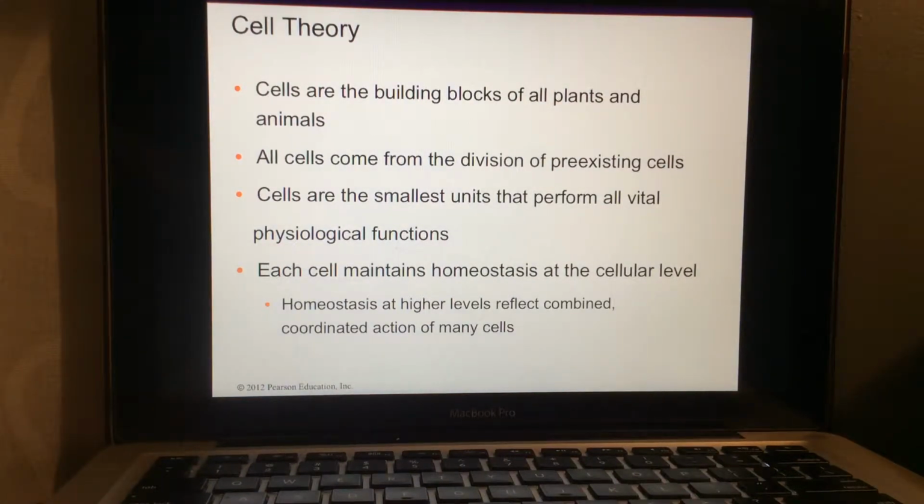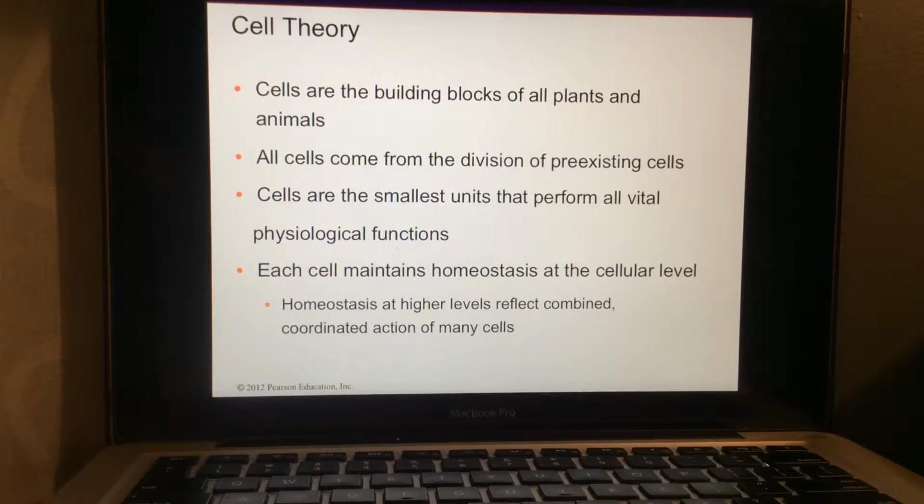So cell theory states that cells are the building blocks of all plants and animals, and that all cells come from the division of pre-existing cells. So they have to come from a prior cell. Cells can't just come out of thin air.